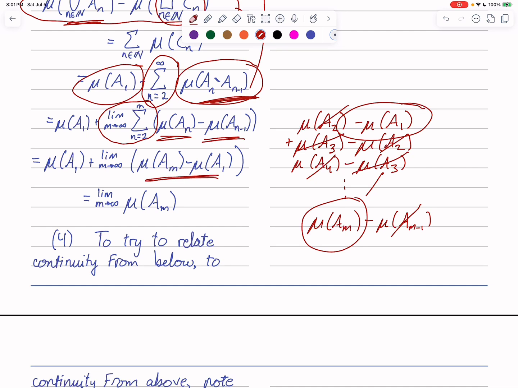Now, at this point, I'd like to push the limit into these two terms. I'd like to take this and distribute it here and here. I am justified in doing that. Why? Well, I know that this limit exists, and it exists because, as we've already remarked, this is a monotonically increasing sequence of numbers, and therefore the limit must exist. Also, the limit here must exist.